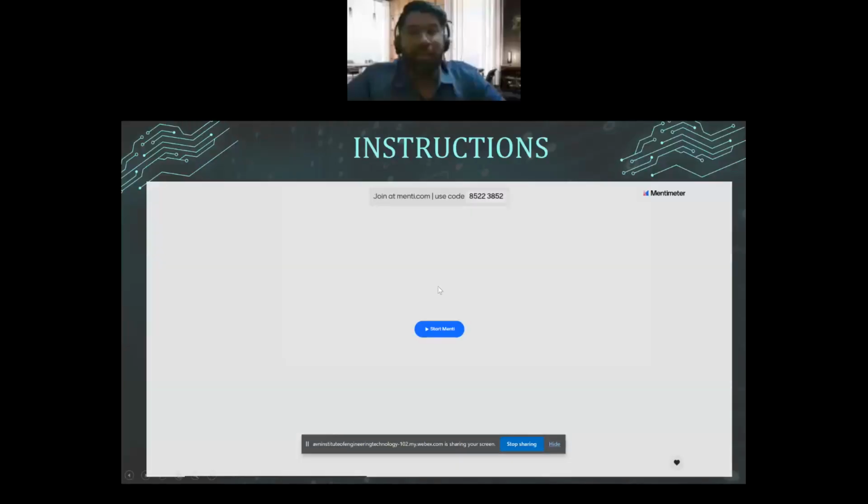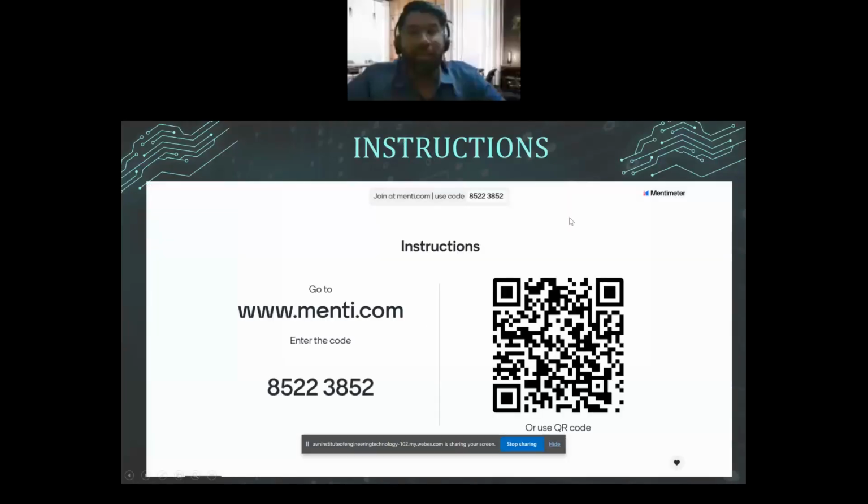One more thing. I wanted the session to not be single-way communication. It will be duplex, so we need to be interactive. That's the reason I introduced add-ons in the PPT, called Mentimeter.